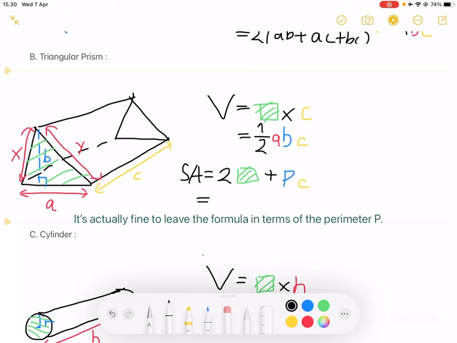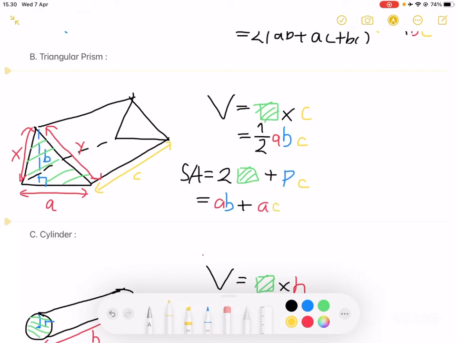Notice that the 2 and the half will cancel, so only a times b. So I have ab plus the perimeter here, which will be a plus x plus y, and we can just expand that out. So we have ac plus xc plus yc. Although remembering this might be difficult, so writing the a plus x plus y in terms of the perimeter itself is pretty okay, I guess.